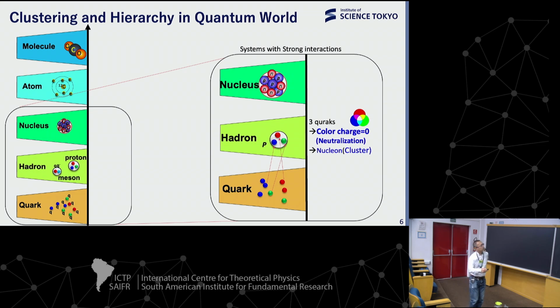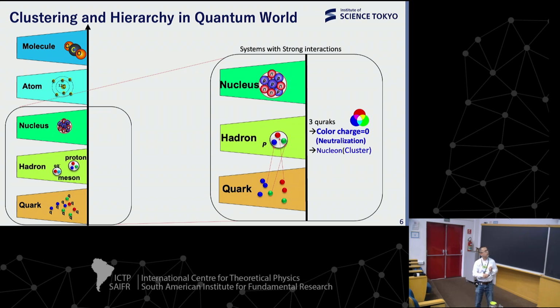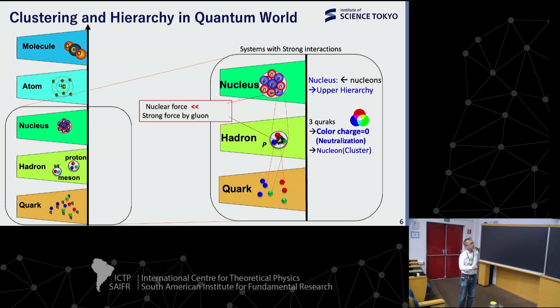And in a hadron, we know that three quarks are confined by neutralizing color charges, right? So the neutralization is a kind of key to form this kind of cluster, I would say. Then if we look at the upper hierarchy, the nucleus, here we notice that the interactions inside this hadron, which is mediated by gluons, are much stronger than the nuclear force between nucleons, right?